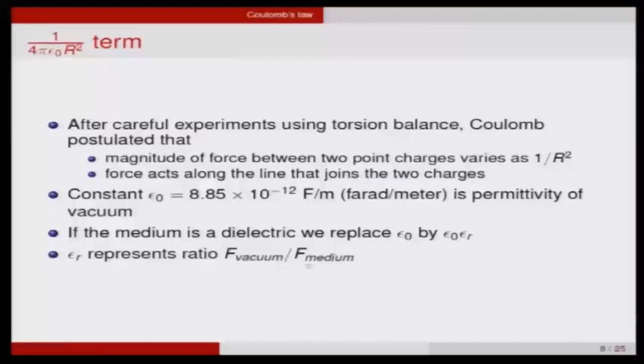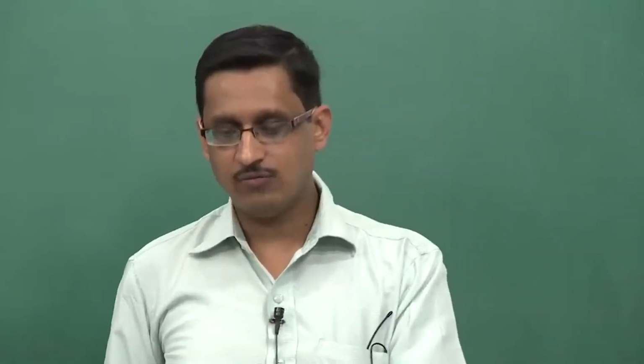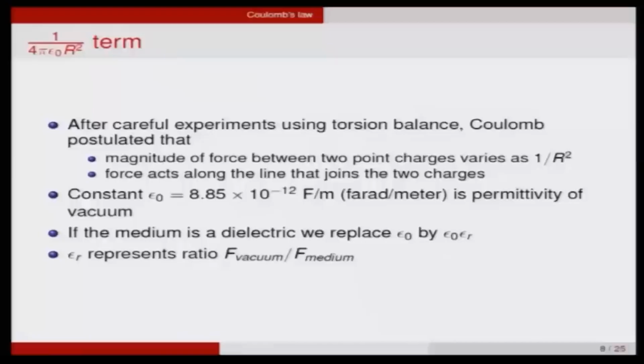The ratio of these two is given by epsilon r. Clearly, because this is a ratio of the same dimensional quantities, this has no dimensions. Okay. And epsilon r will be equal to 1 for free space, and it will be greater than 1 for any other material. We will be talking about what a dielectric medium is, and we will also look at what epsilon r is in more detail as we go along.